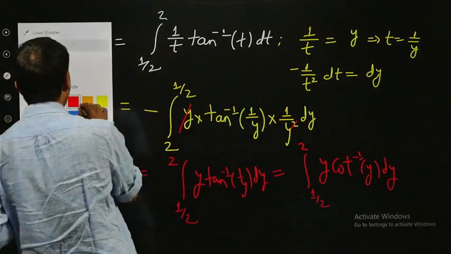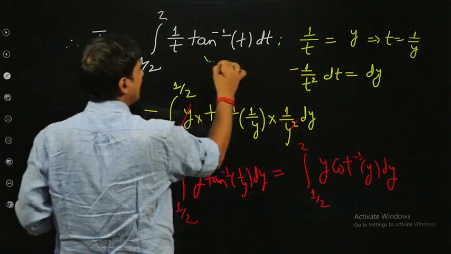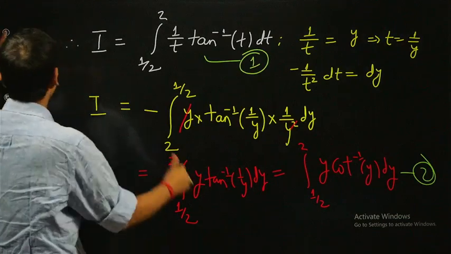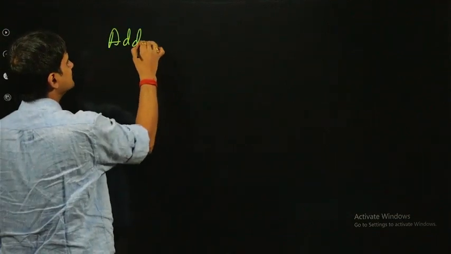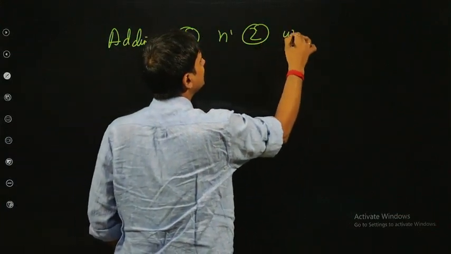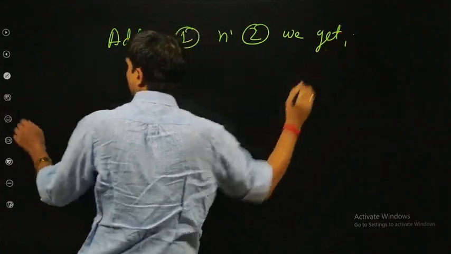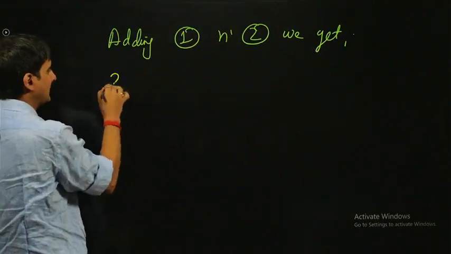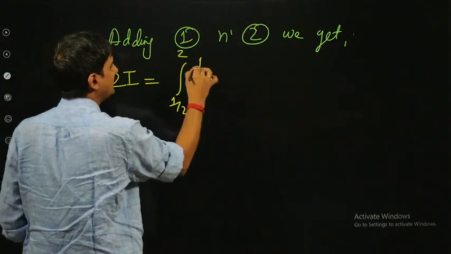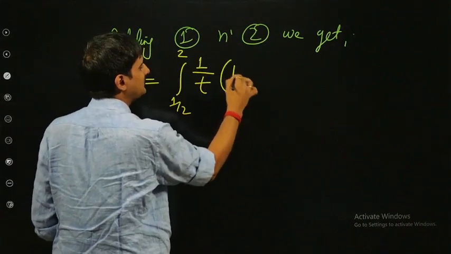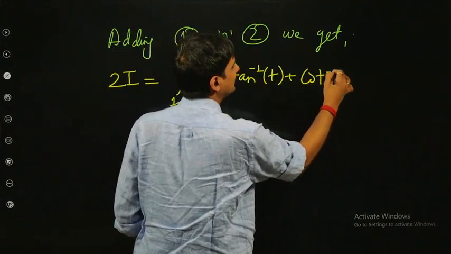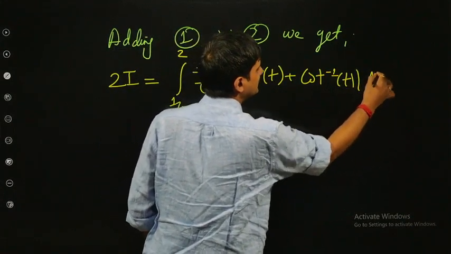Now see, what we will do is add this and this, so add 1 and 2. Adding 1 and 2, what do we get? We get 2I equal to half to 2, 1 by t is common, and then we have tan inverse of t plus cot inverse of t dt, isn't that?